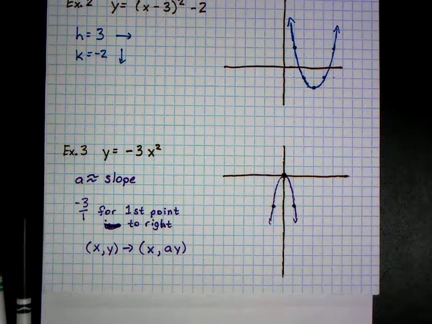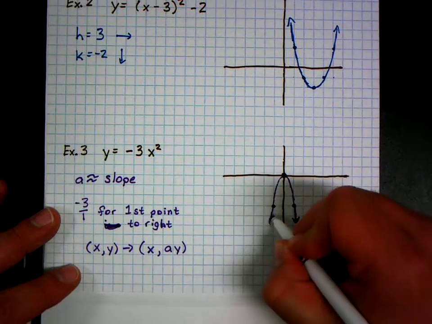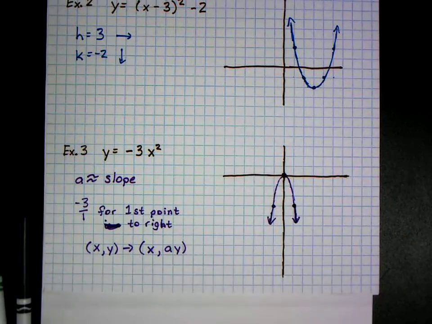That's where that one goes to. So that's why it only works as slope on the first one, because since our ordered pairs are squared, it doesn't act linearly after that first point.